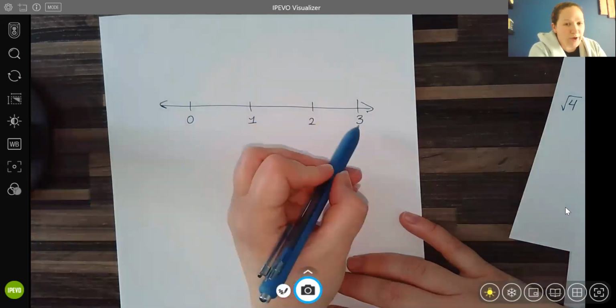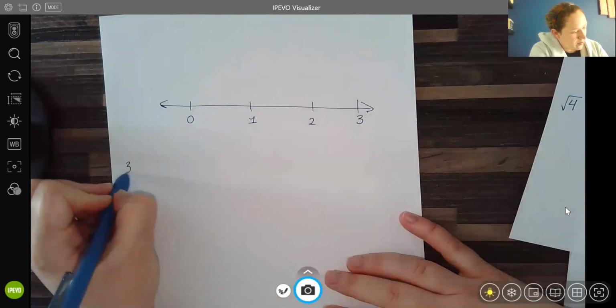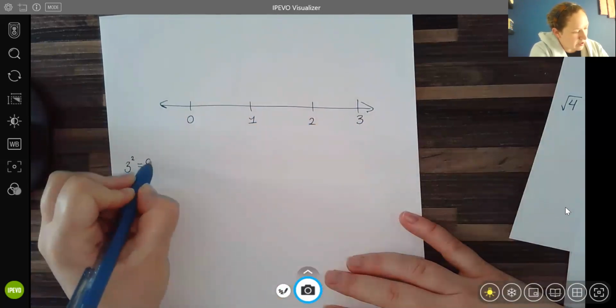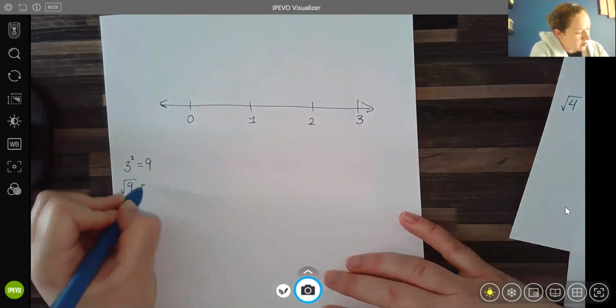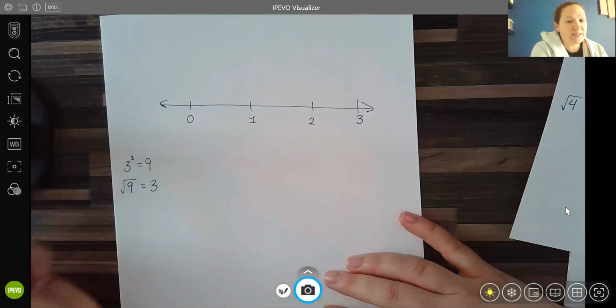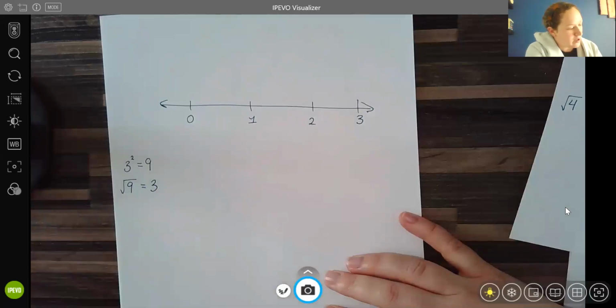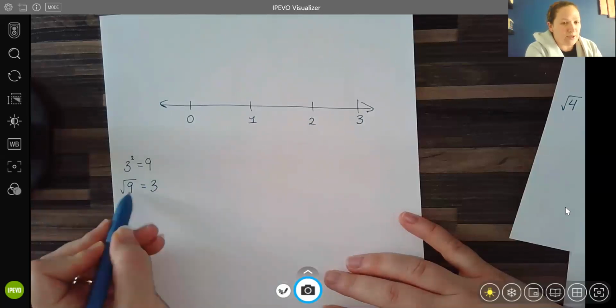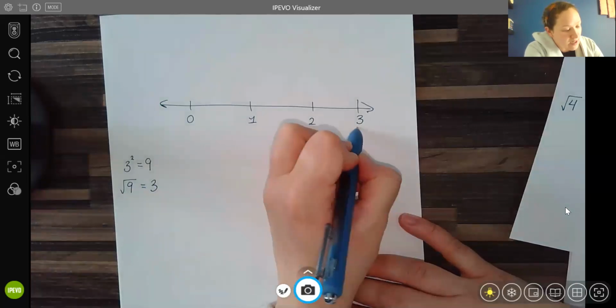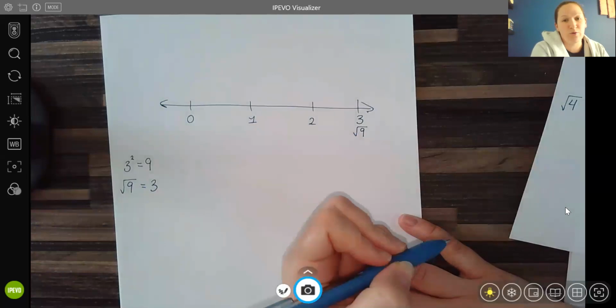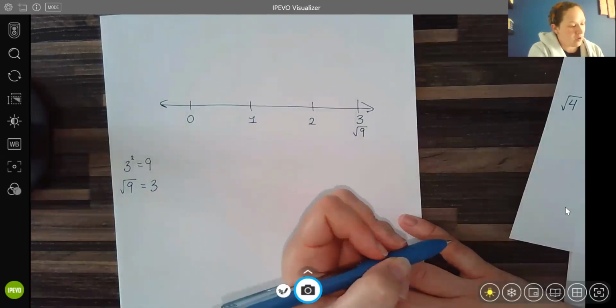Now I know that 3 squared equals 9, 3 times 3 equals 9. So the square root of 9 is equal to a side length of 3. So I can actually make these the same on my number line. 3 is the same value as the square root of 9.